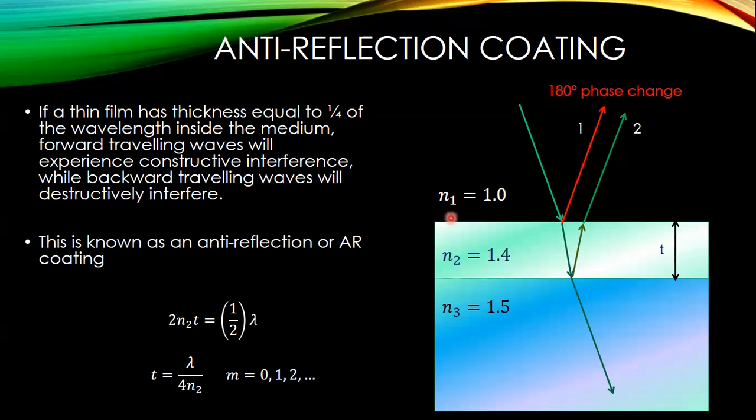So 1/4 of a wavelength thickness for whatever material that we're using. So again, you have to remember, if you're dealing with 500 nanometer light, the wavelength inside here is actually 500 nanometers divided by 1.4. So we've got to take that into account when we're doing these calculations.